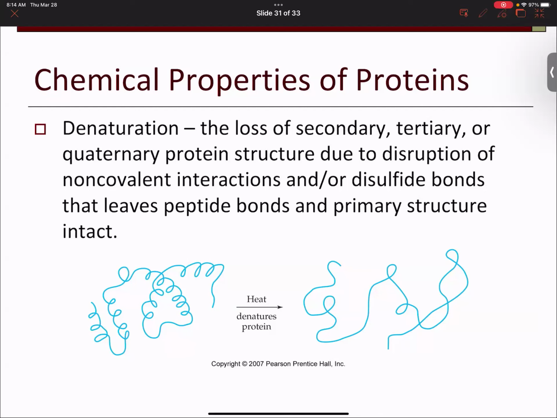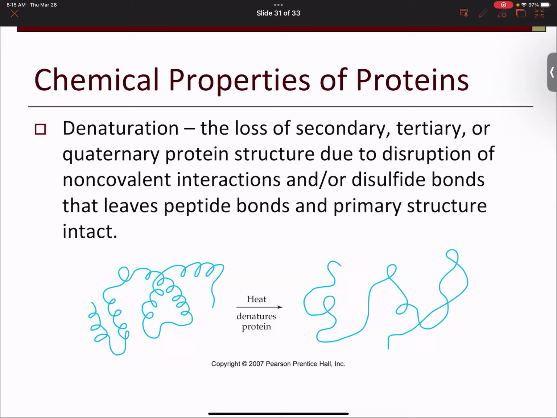If we denature a protein, what we're doing is we are messing up the structure. So we could be causing the hydrogen bonds in the alpha helix to break. Or we could be going into that hydrophobic pocket and causing it to open up and no longer be this nice closed piece.